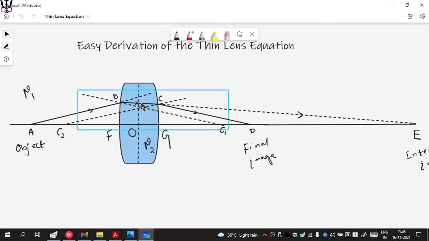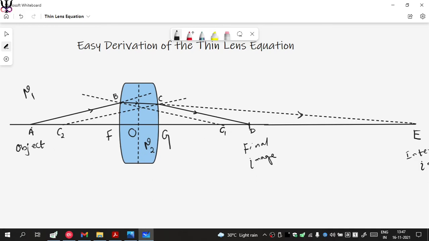One is the left one, for which the center is at C1. The incident ray from A strikes the left interface at B, then it bends and goes through BC. At C it again gets refracted and travels along CD, where you get the final image.